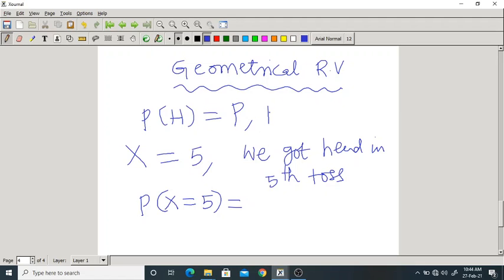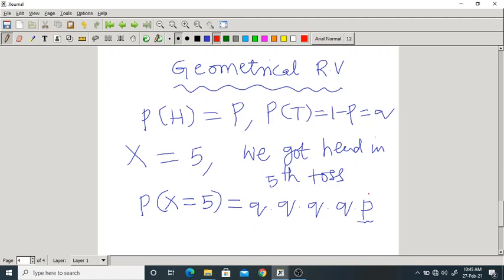Let me write here probability of tail equal to 1 minus p or equal to q. Now all are independent, so that's why you can write: first you got tail with probability q. Second also you got tail, probability q. Third also tail. Fourth also tail, but the 5th time you got head. We stop here. Why? Because we got head for the first time in the 5th toss.